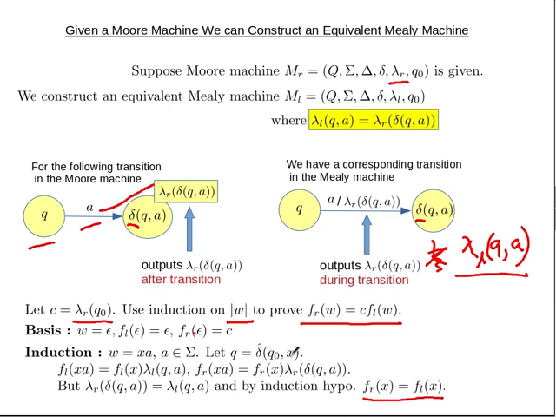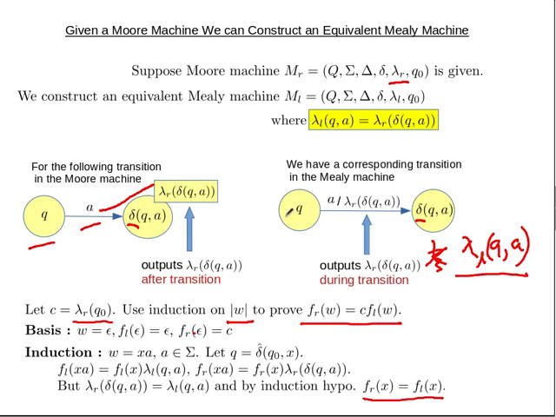So after processing X starting from Q0, you reach state Q. After emitting all these things, you are again emitting one more symbol in the Moore machine, because the next state is this, and so the next output symbol is this. So in the Moore machine you have this relationship. And in the Mealy machine we defined it in the same way, so the same relationship holds, right?